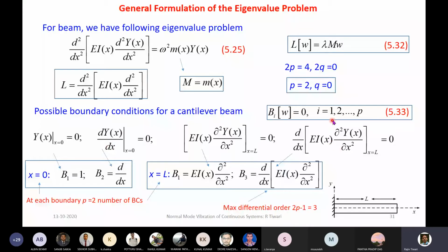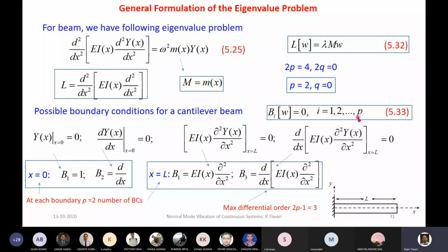Now compare that with the general boundary condition, but the special one in which we do not have the operator on the right side, and the eigenvalue is also not there. This is the boundary condition for each boundary. So what are the boundaries here? We have one boundary at x equal to 0 and another boundary at x equal to L. So we have 2 boundaries, and at each boundary, how many boundary conditions do we have?